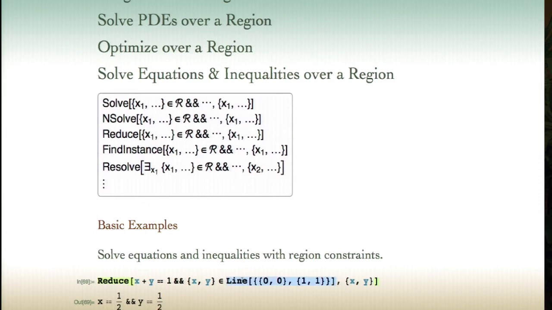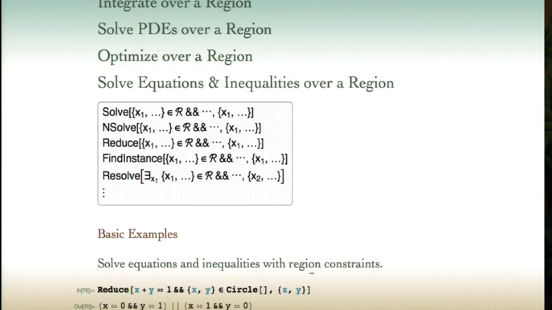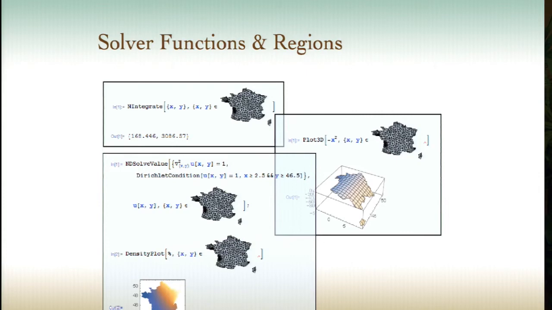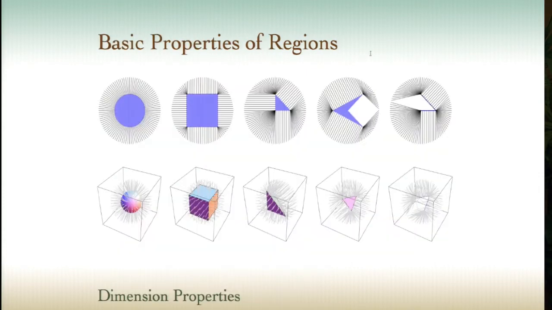Let's say I put something else there, like a circle. And now I get two solutions. All right. So at that level, I think it's incredibly easy to use, given that you have constructed a region of some kind. Now, let's talk about some of the special properties that are defined for regions.